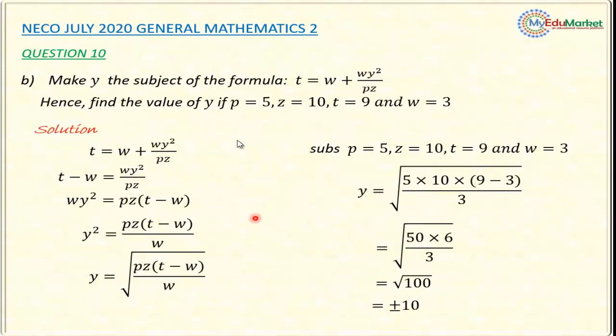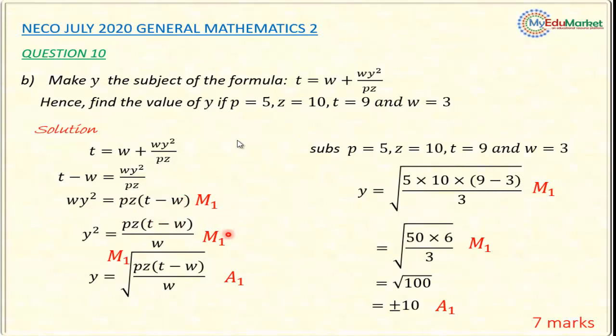So let me just give you the mark distribution for this according to the official Neco marking scheme. The very first mark is method 1 mark, and that method 1 mark is for clearing this fraction, that is cross multiplying in an attempt to make y subject of the formula.